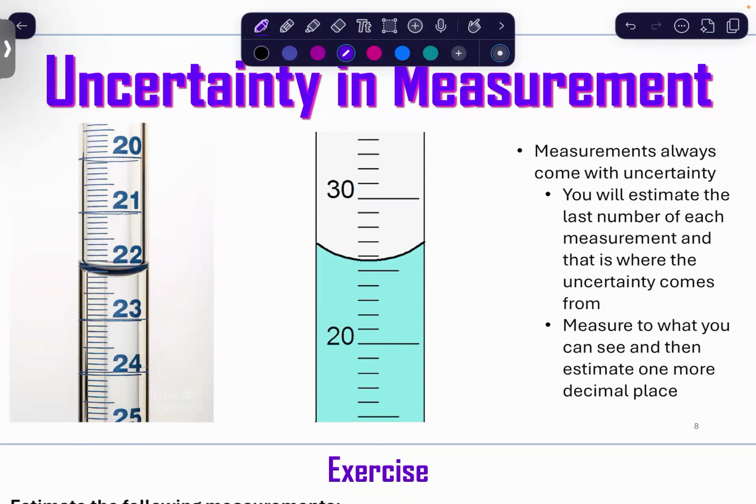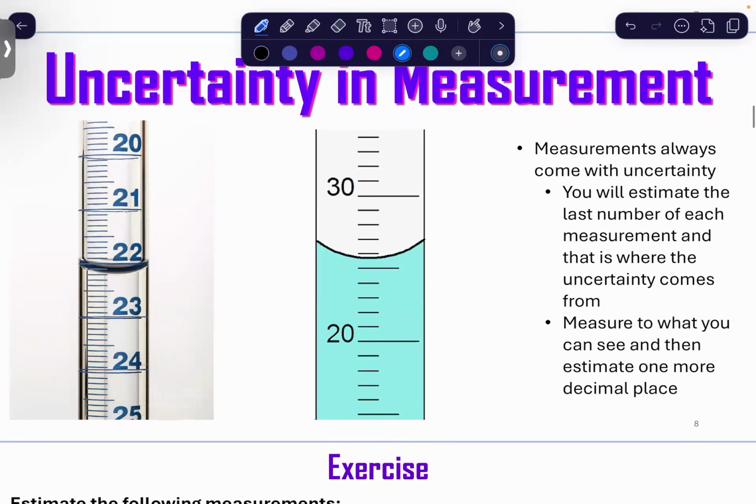This is what you would use for titrations. Now, first off, when you're reading these, you always want to read from the bottom of the meniscus. Your meniscus is this little dip in the fluid. So right there, you want to read there. Now it's not actually at that line.